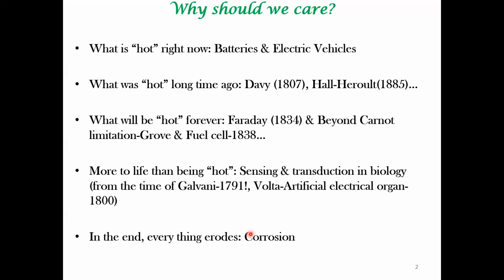For example, corrosion and corrosion prevention are very fundamental electrochemical processes in operation. If you want to suppress corrosion, which plays a huge, debilitating role in our environment, you have to utilize the principles of electrochemistry.